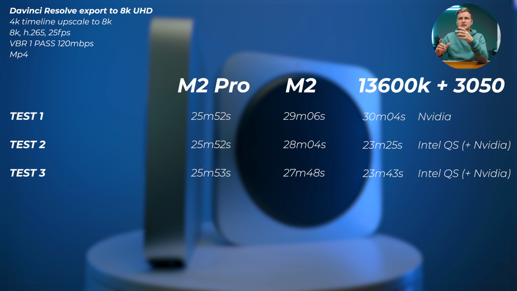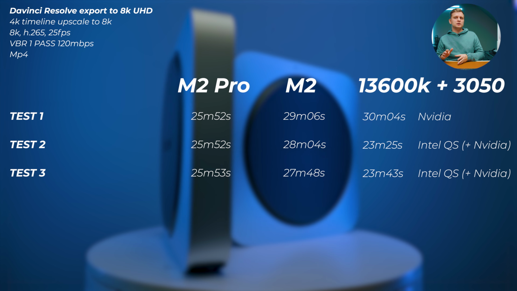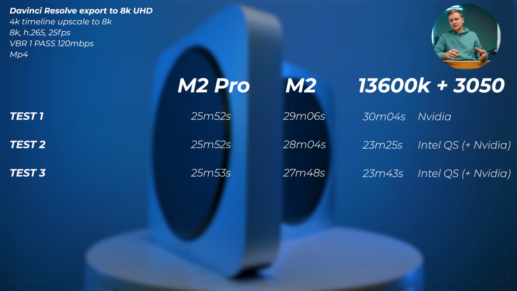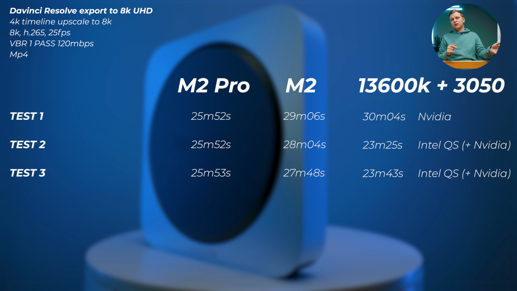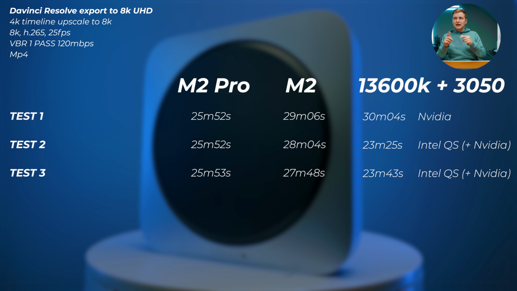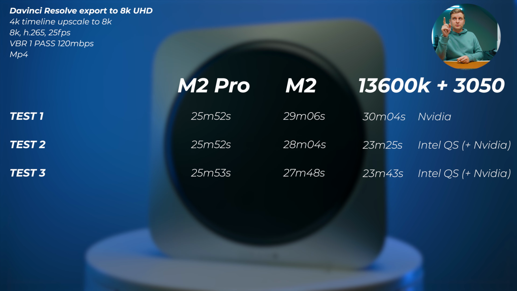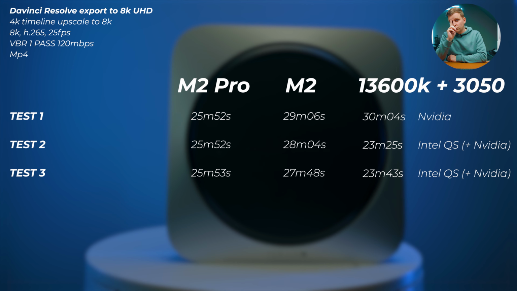So it wasn't as consistent as the M2 Pro, and that's probably because the 8 gigs of RAM is not enough in the system, and it constantly has to clear the RAM, put something on the SSD and then swap the RAM with the SSD. That's why we're seeing these results there, because if you look at the 16 gigabyte model of the M2 Pro, it was literally 3 tests and they all performed within 1 second.